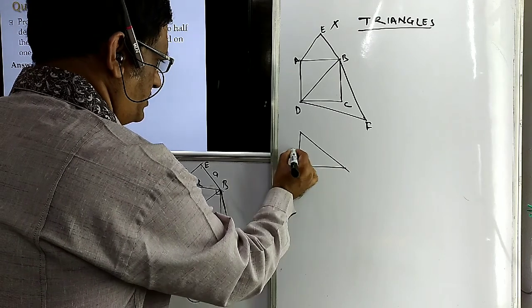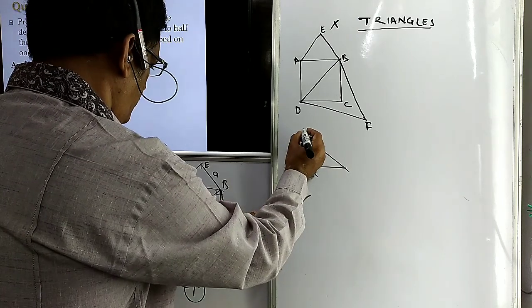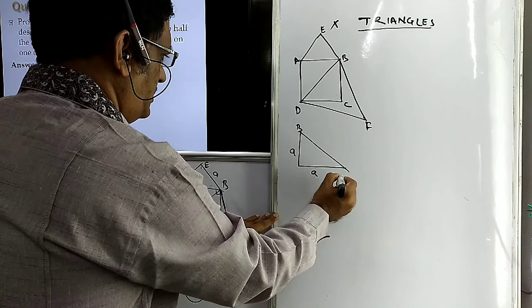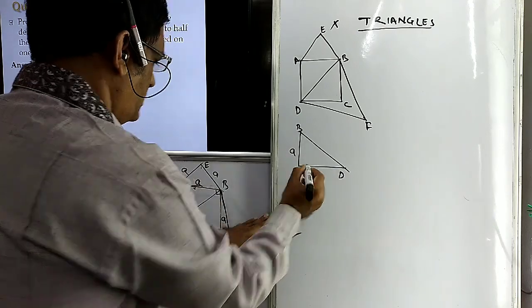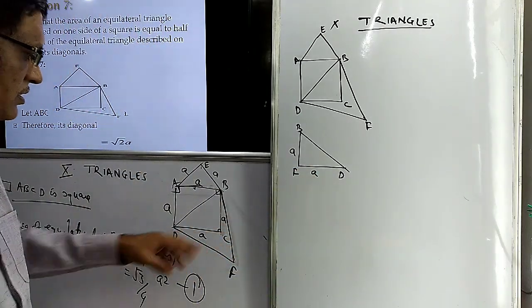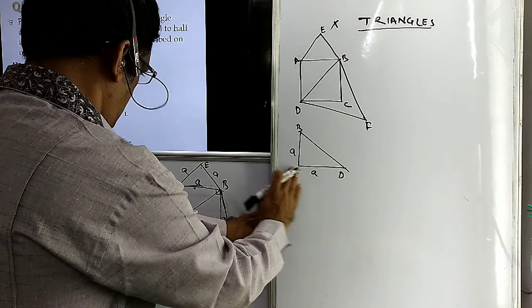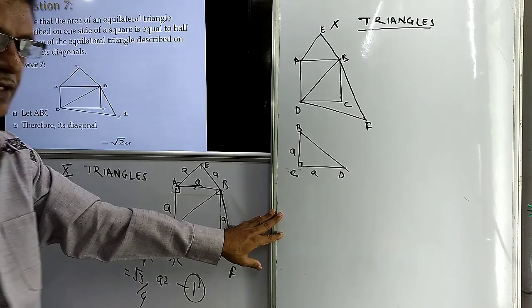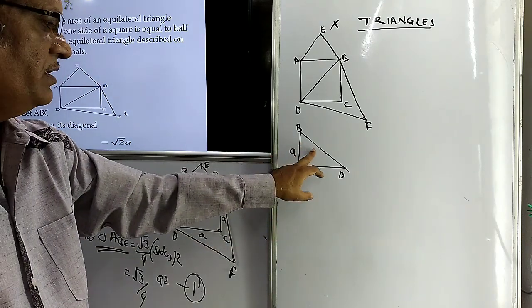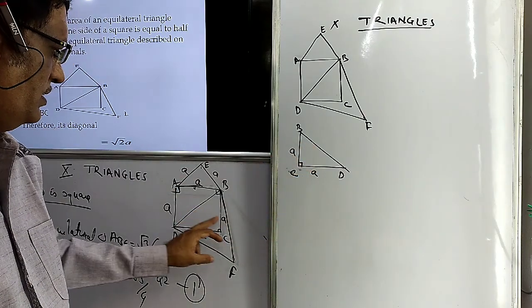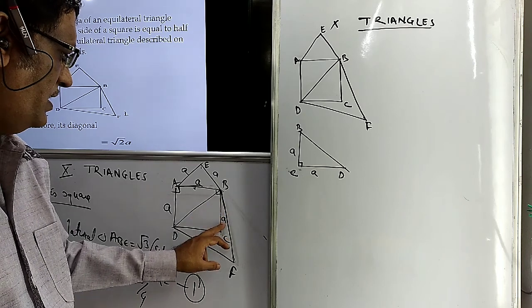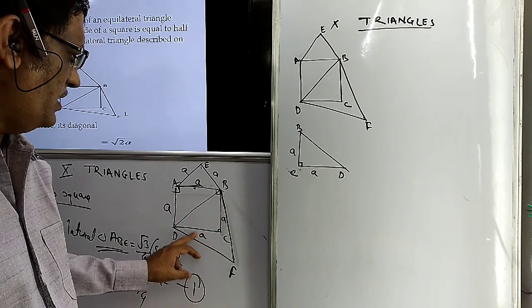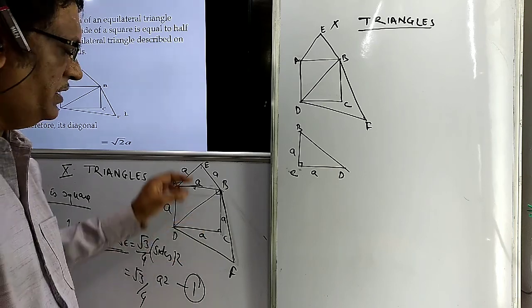This side is A, this side is A, and we have to find this BD, and this is C, with angle C being 90 degrees. Now we want to find this diagonal BD.